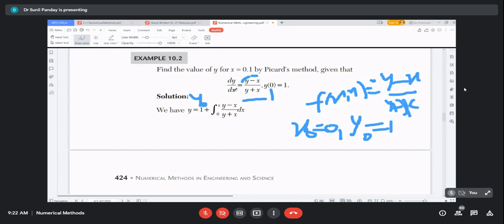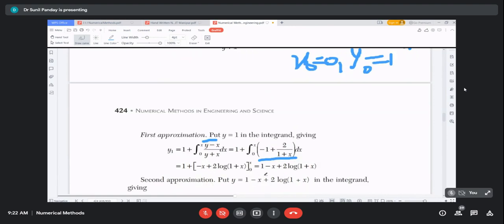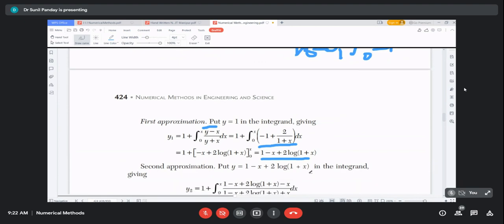And then you have to integrate it. To integrate it, we have to rearrange these things like this, and thereafter we integrate, we will get this as y1. After integration and substituting the limit 0 to x, you will get this.